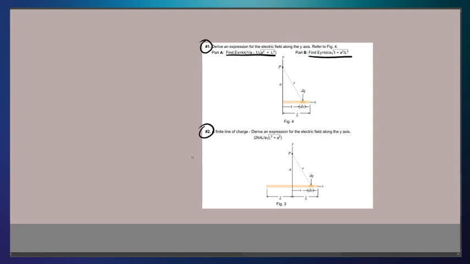Derive an expression for the electric field at point P, some vertical distance a up over a finite line. It extends to distance L in the positive X direction and distance minus L in the negative X direction. Now, obviously, these two are very similar.